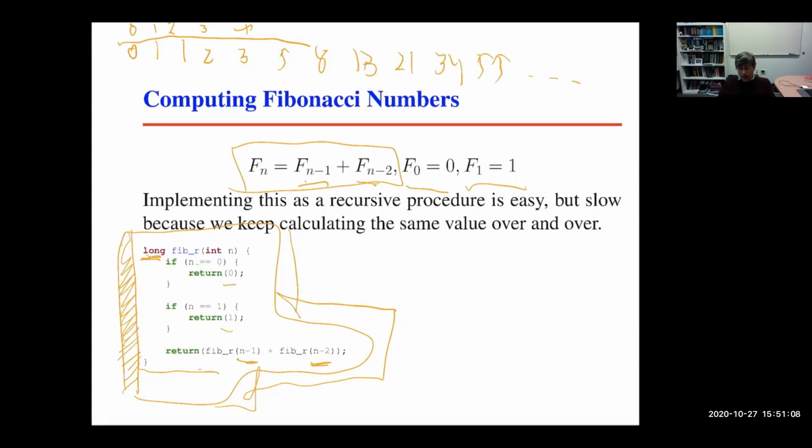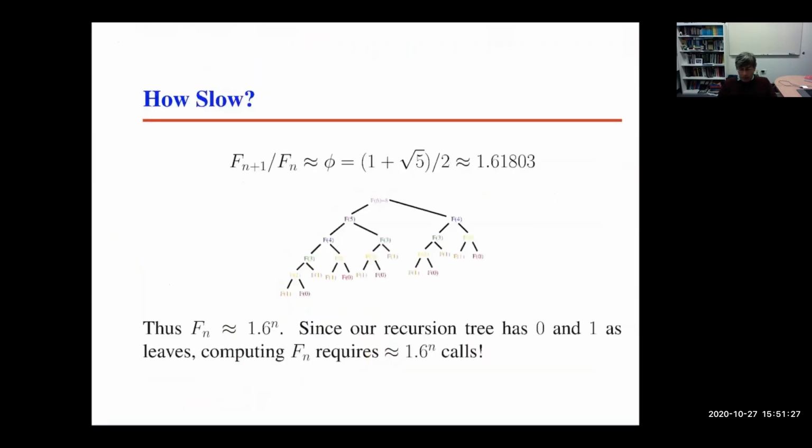The cost of this is going to be the size of my recursion tree, right? You're saying that computing fib of n is going to make 2 recursive calls. So you are thinking about a binary tree where to compute fib of n, I am going to have to solve 2 smaller problems, and each one of these is going to solve 2 smaller problems.